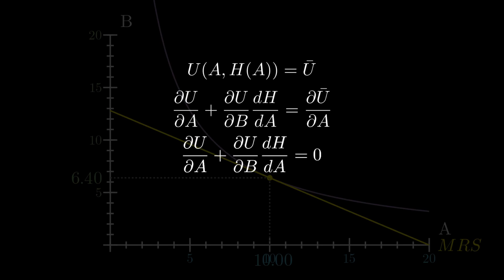And going through and solving for the derivative of h with respect to a, which is our marginal rate of substitution, we get this very particular functional form. The derivative of h with respect to a along the indifference curve is the slope of the indifference curve, or the marginal rate of substitution.